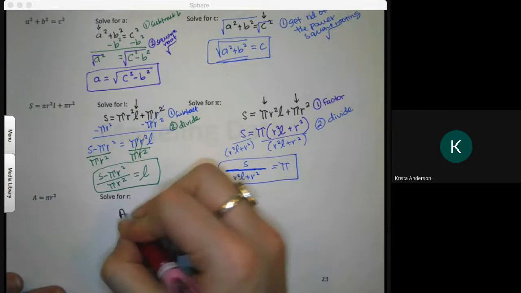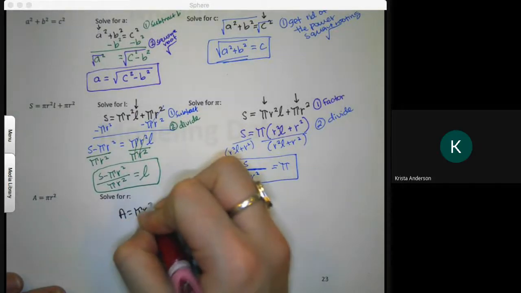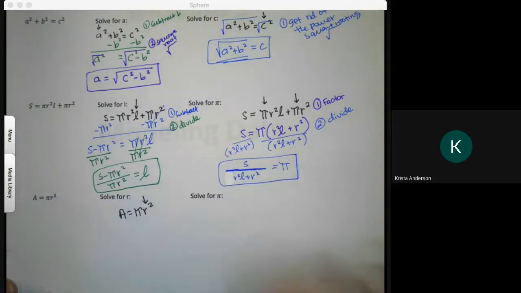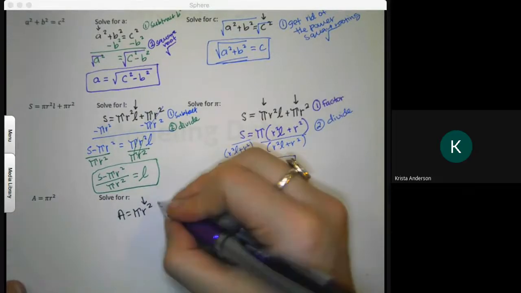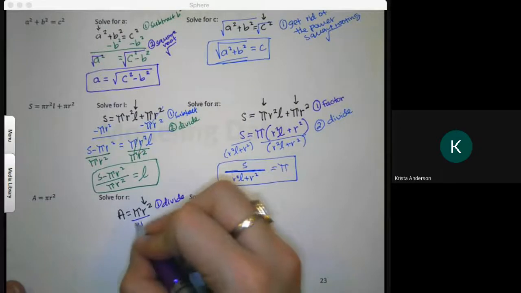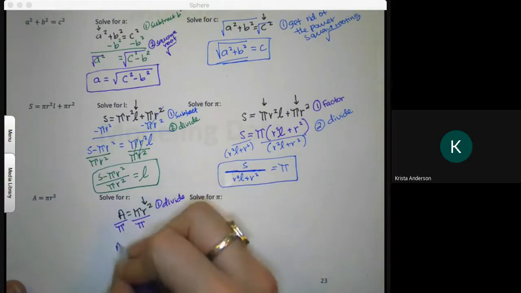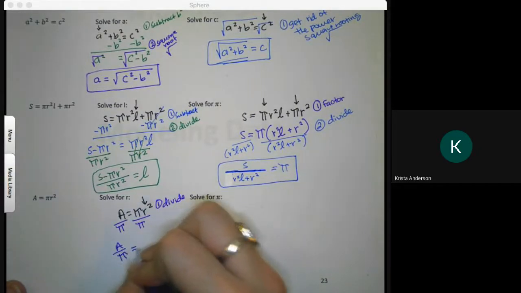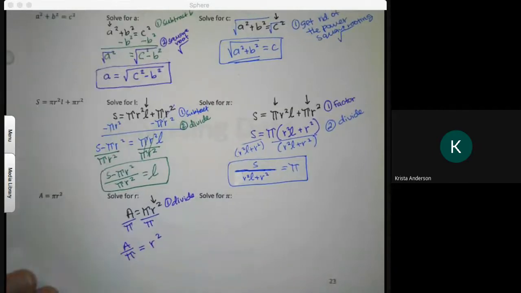I have a equals pi r squared. I want r alone. I first divide by pi. And square root it.